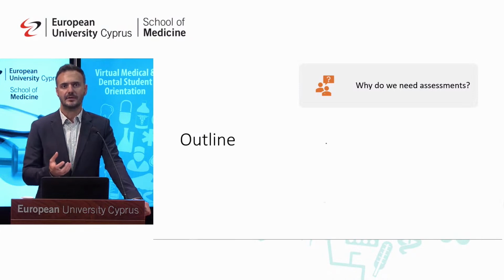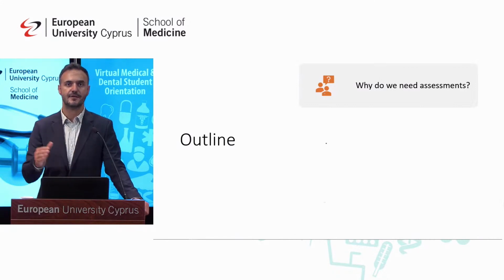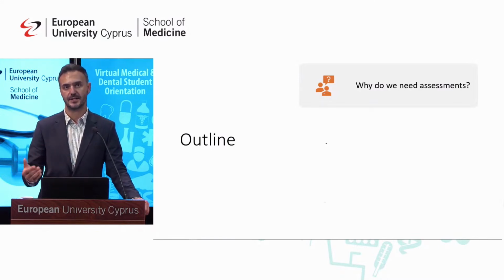Inside the course outline, you can find a very detailed description of how your grade is calculated. So in this case, you can see that 20% of your grade comes from a midterm exam, and remember that all courses have two different exams, a midterm exam that happens in the middle of the semester, and a final exam that takes place after the course has finished. So you have two different chances.